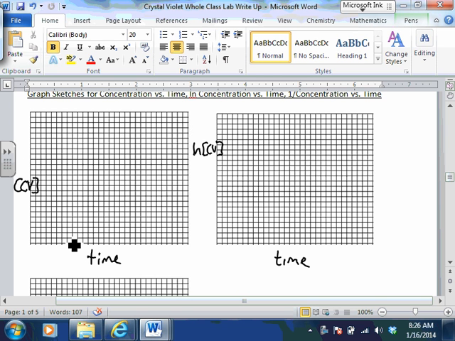Okay? Let's say that it's the first graph. If this one gives you a straight line, then that means that this is a 0-order reaction. So that means that neither of the concentrations of the reactants affect the reaction at all. Now, I highly doubt that's what you're going to get here, okay? But that's a possibility. If you get a straight line graph for the natural log of the concentration versus time, then we're talking about a first-order reaction, okay?